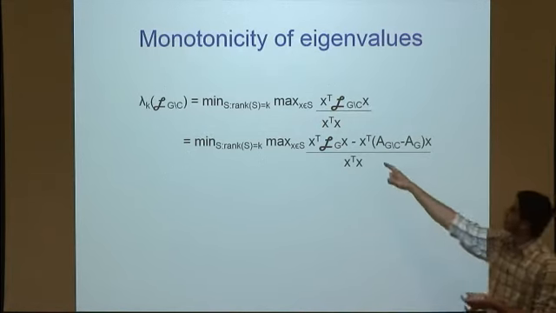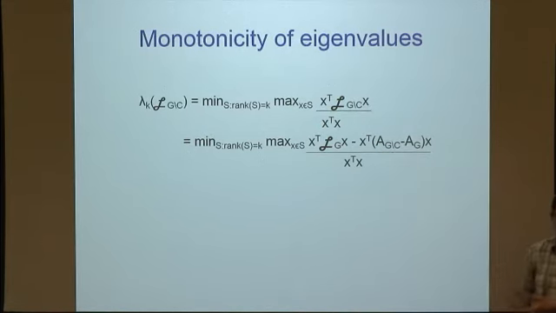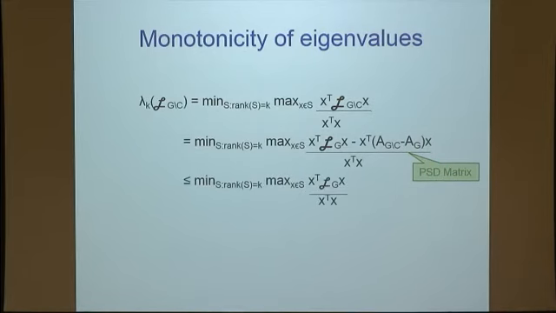The Laplacian of G and G minus C differ in exactly this term. And what is this? This is a PSD matrix, so this term is always going to be non-negative. Let me just throw that term away, and I get a less than or equal to. And what is this term now? It's exactly lambda k of G.